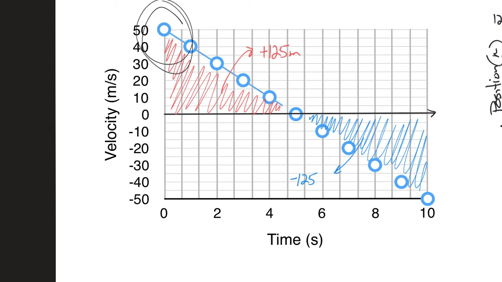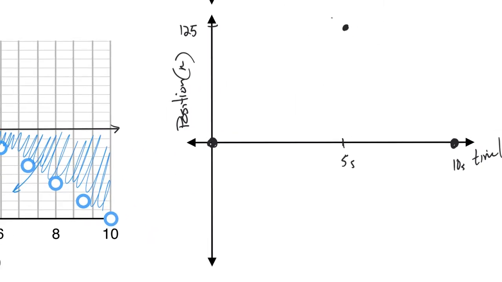Let's start at 0. At 0, the velocity is 50 meters per second, which means the slope of my line at 0 is steep and positive. 50 is a big number, so steep slope, and it's a positive number, so it must be inclined with a positive slope.